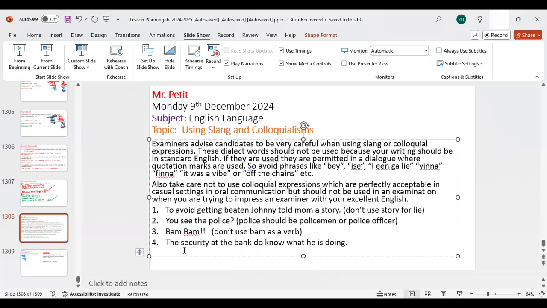The security officer at the bank doesn't know what he is doing. Very good. Does not know. So security, don't use security for security guard. It's supposed to be security guard or security officer.